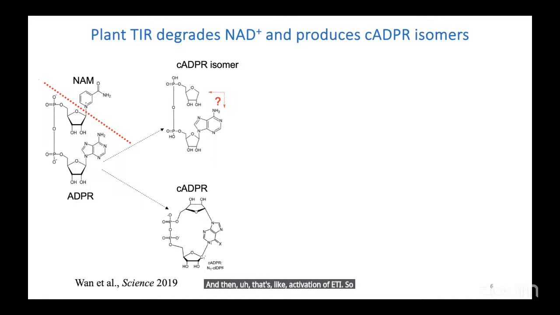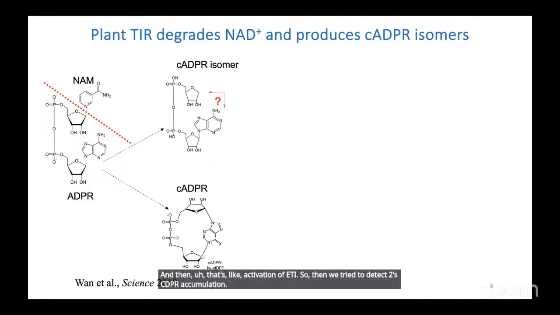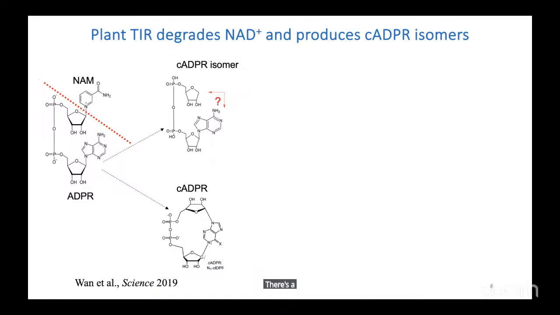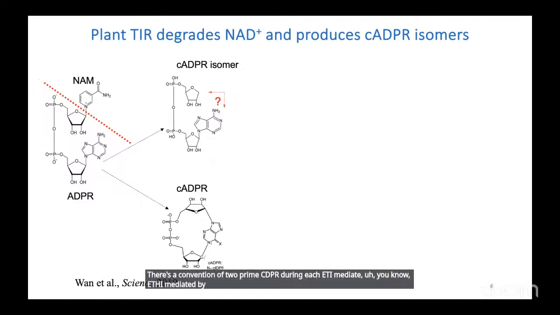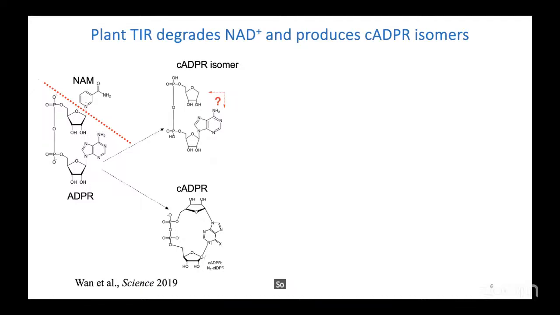So then we try to detect 2'cADPR accumulation. There is accumulation of 2'cADPR during ETI, mediated by TIR-only immune receptors. So we think it's functioning in some cases, for the quantification of these 2'cADPR changes.